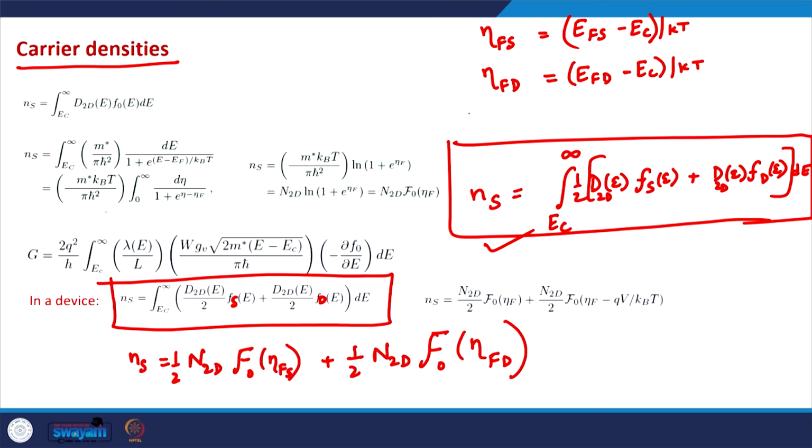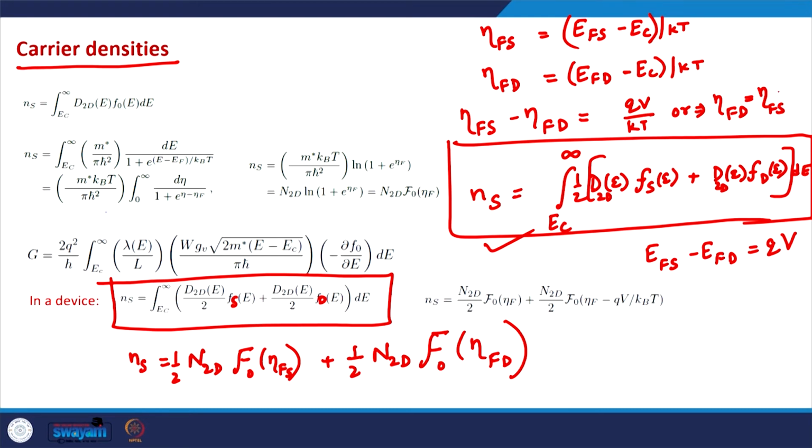And please remember that EFS minus EFD is Q times the applied voltage, QV. So, which means that eta Fs minus eta Fd is QV by kT, or eta Fd is essentially eta Fs minus QV by kT.